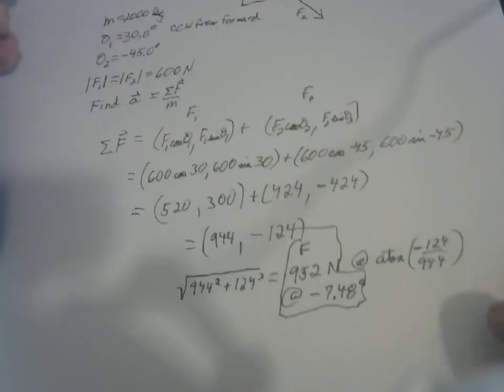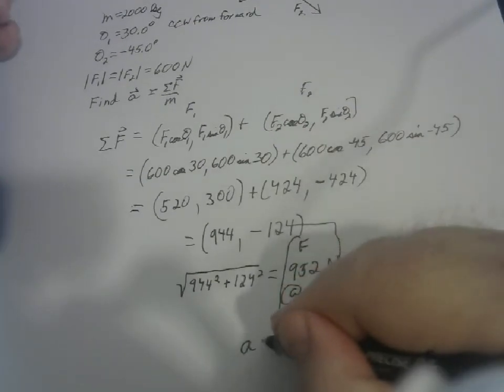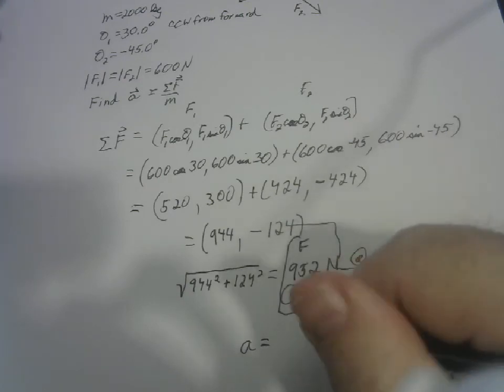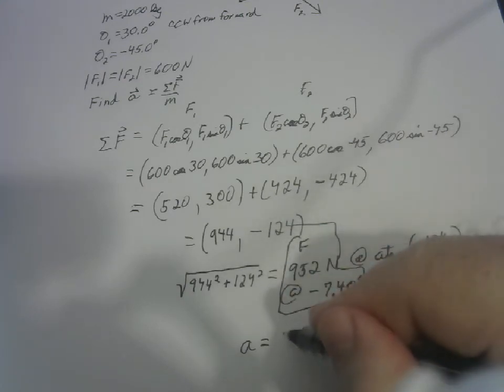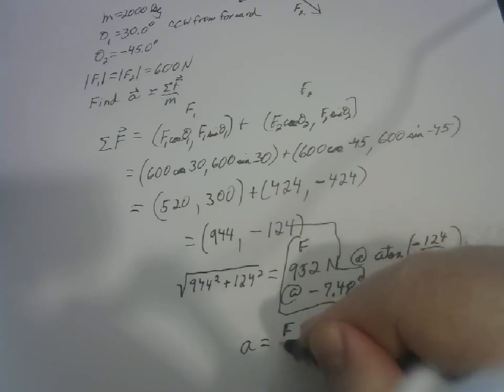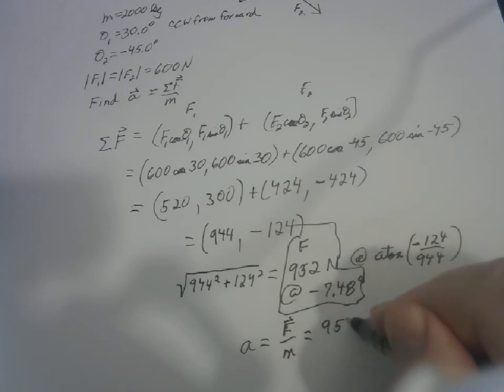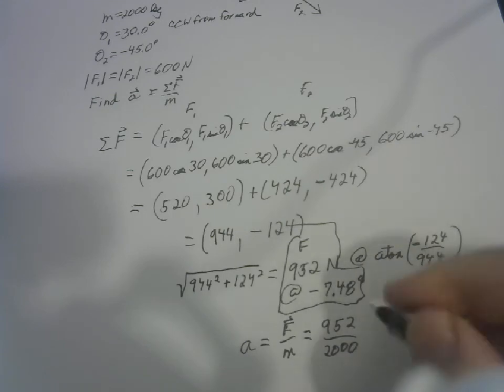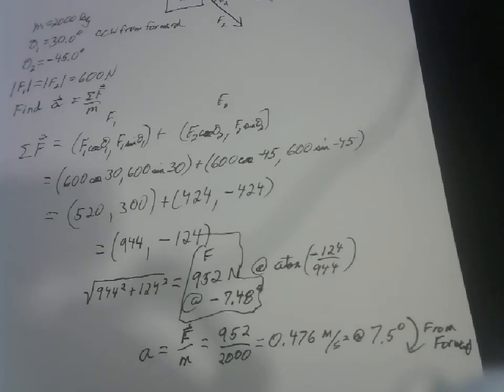But we weren't asked in the end for the force, we were asked for the acceleration, which is going to have the same direction, but it's going to be the force divided by the mass, which will be 952 divided by 2,000 kilograms. So we have an acceleration of 0.476 meters per second squared at about 7.5 degrees clockwise from forward.